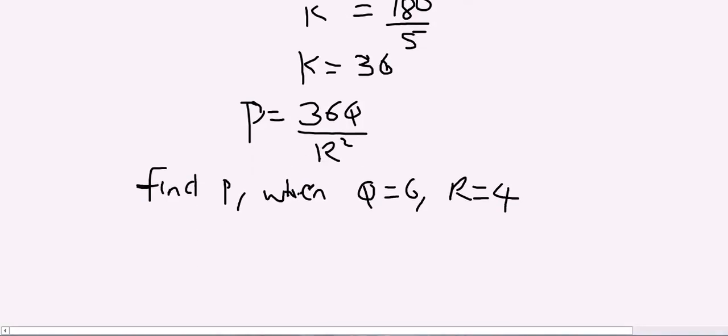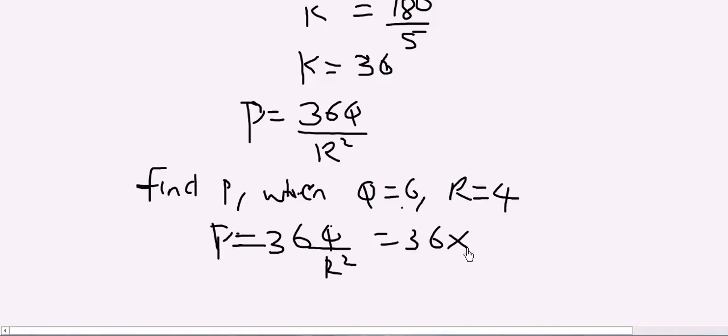So we can go on. Our relationship is p is equal to 36q over r². So since we have p is equal to 36q, we have that as 36 times q, here is 6, over r, here is 4, so I have 4².